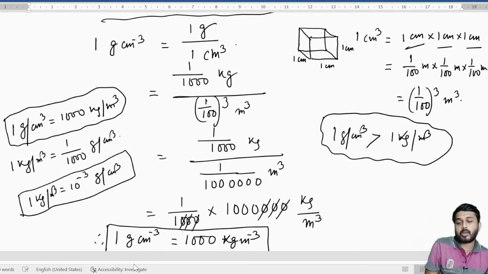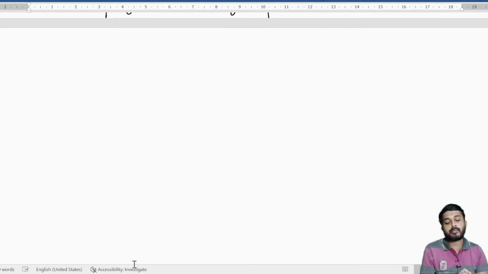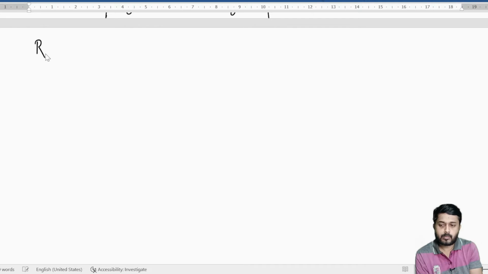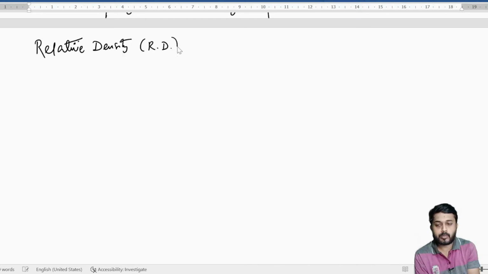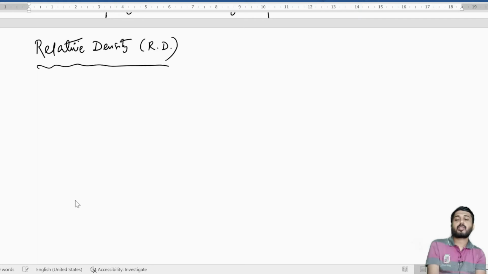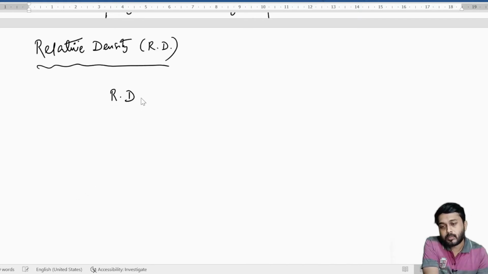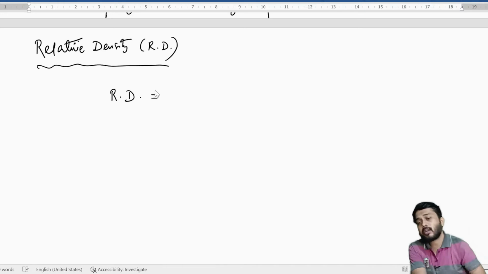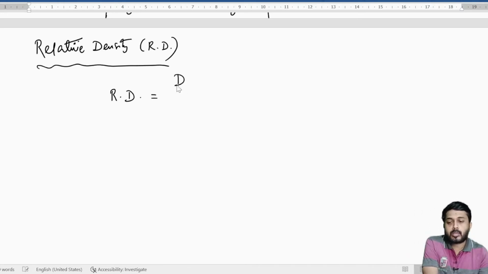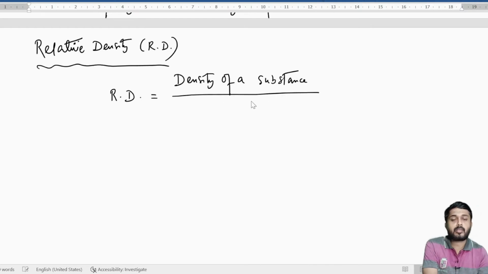Alright. Well, the next thing I would like to tell you is relative density, or RD. What is the definition of relative density? Simple kind of definition: density of a substance by density of water at 4 degrees Celsius.